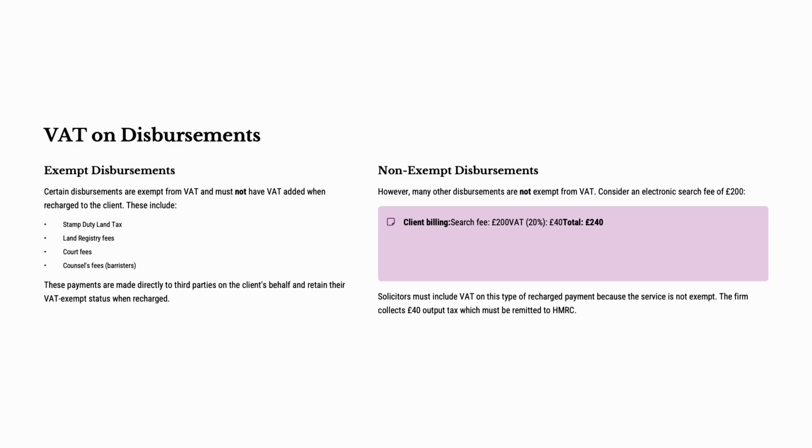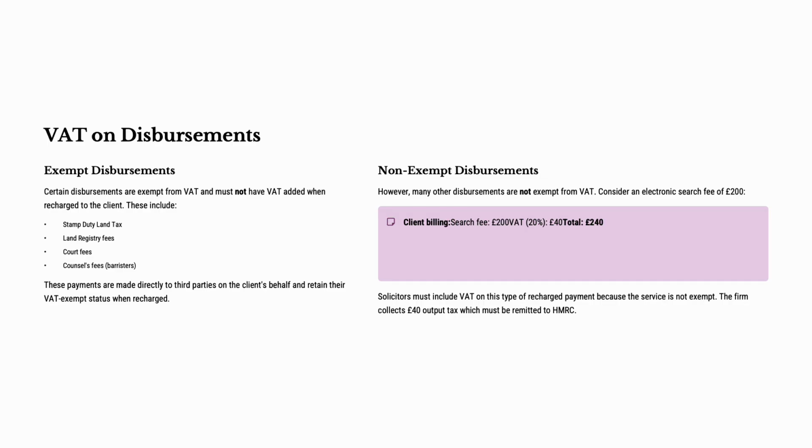So, VAT on disbursements. Some disbursements are VAT exempt, such as court fees, stamp duty and Land Registry fees. These must never have VAT added to them when recharged to the client. So keep in mind those are VAT exempt. But electronic searches are subject to VAT.